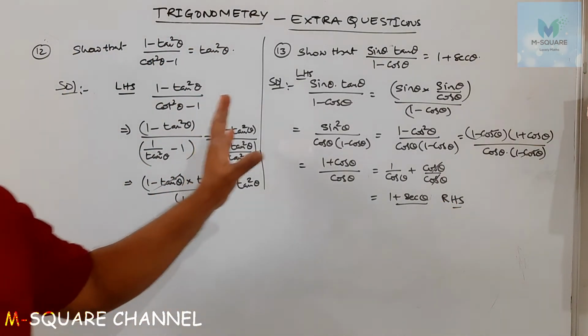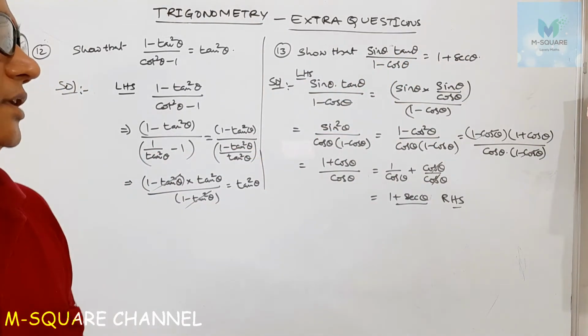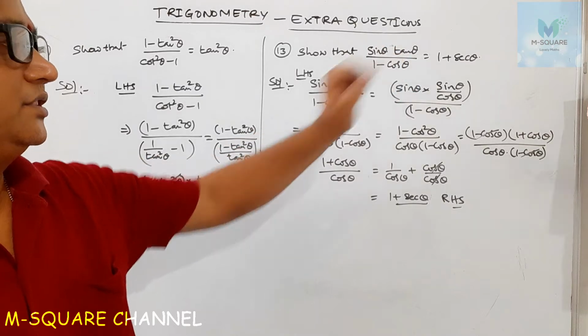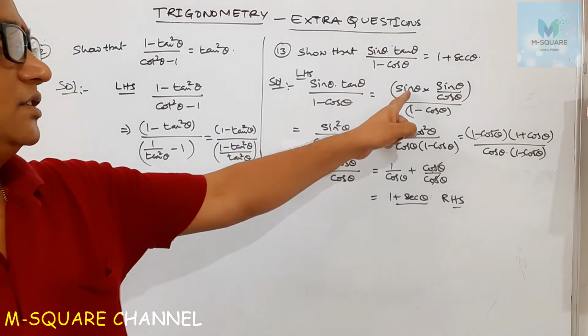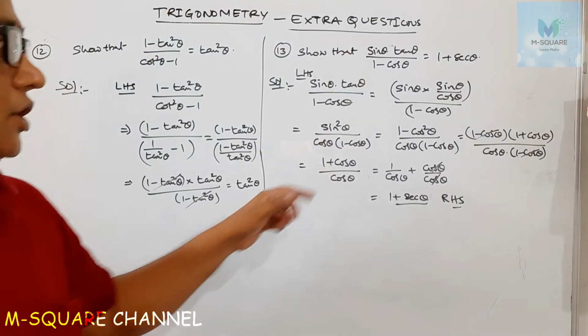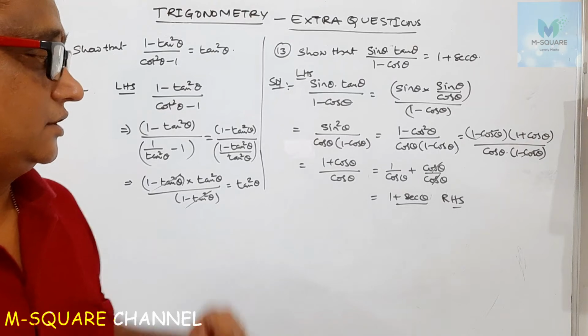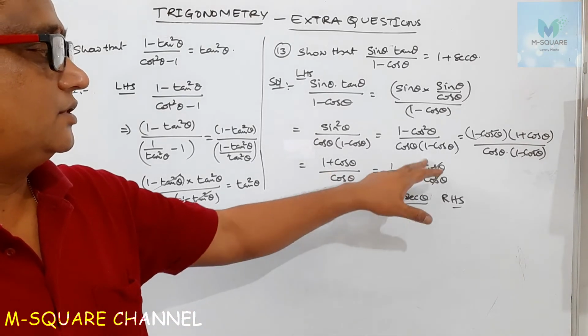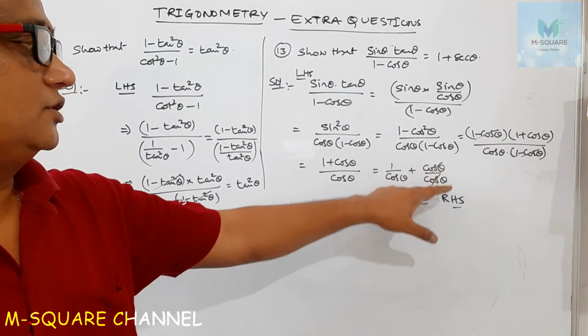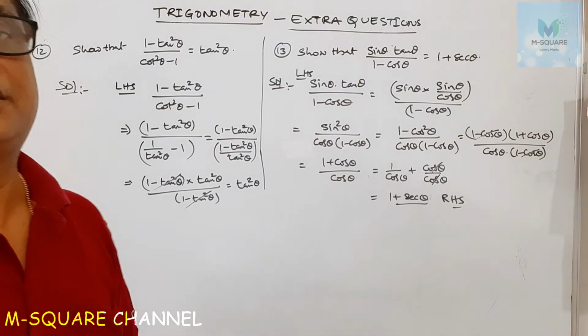So first observe that sine, tan, cos are there. The requirement is secant. So first of all I remove this tan theta. After that sine and cos will come. Here I remove the sine square theta now. So the total question is in the form of cos. So 1 plus cos theta by cos theta, so 1 by cos theta plus cos theta by cos theta, so that these two are cancelled, 1 plus 1 by cos theta means 1 plus secant theta. So we get that answer.